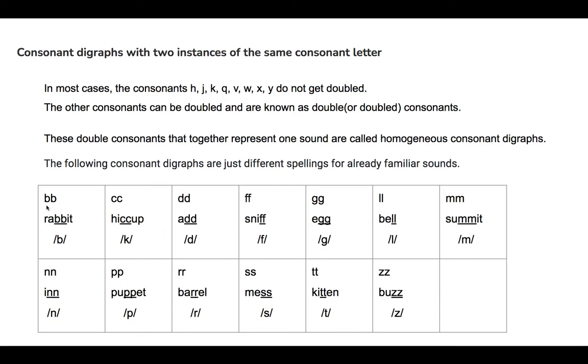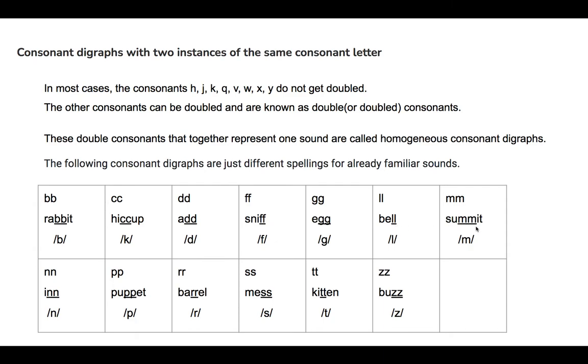B and B produce the sound B, as in rabbit. C and C produce the sound k, as in hiccup. D, add. F, sniff. G, egg. L, bell.